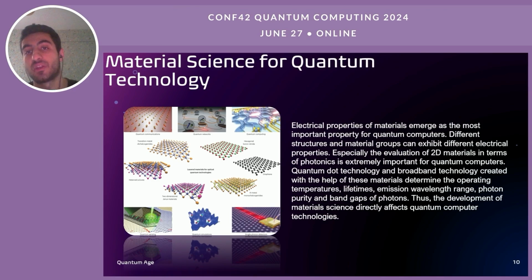For example, superconductor materials. The most important parameter is the operating temperature, because the operating temperature is the source of the energy. It is very important to obtain good operation temperatures to make systems available, to make them common.